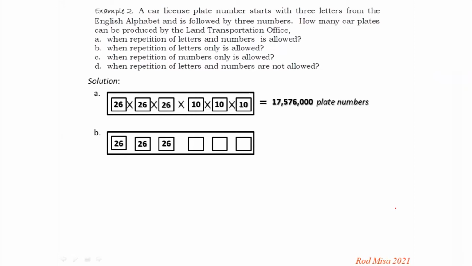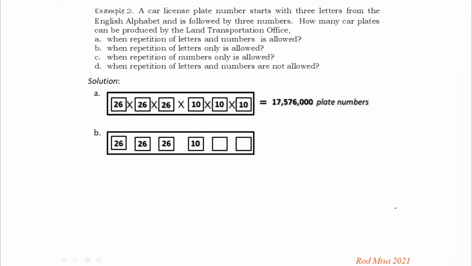For the first position of the three numbers, I can choose from 0 to 9. But in the second number, I am left with 9 choices because if one number from 0 to 9 is placed in the first position, then I cannot use that number in the second position.